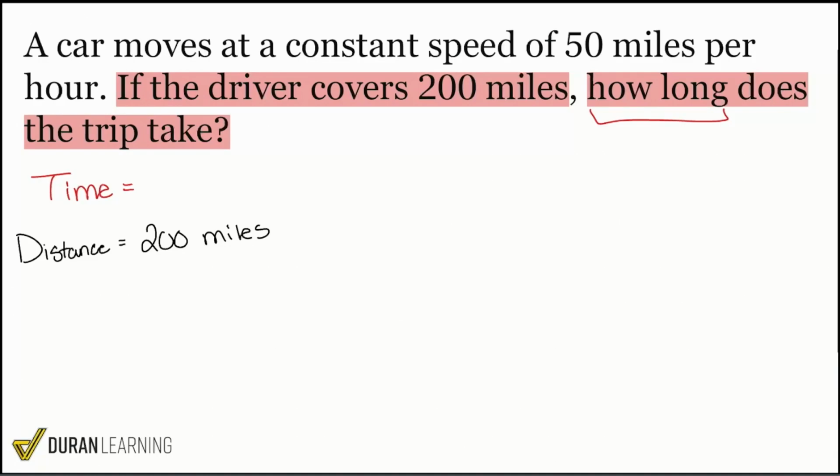And then we see here a car moves at a constant speed of 50 miles per hour. Everybody, there are 2 separate words that give it away. What's the first word that tells me that the 50 is the rate? What's the first one? Yup, exactly like I've been teaching you. The word per gives it away. Miles per hour, mixing those 2 units. For sure, that is a rate.